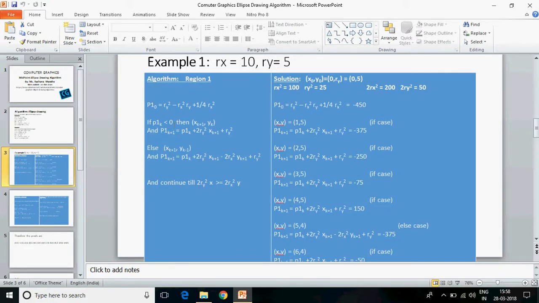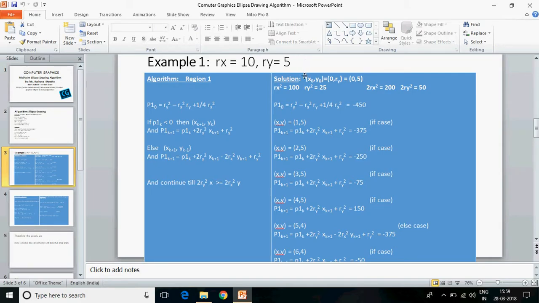I have written the algorithm on the left-hand side and we have solved the problem on the right-hand side, so it becomes easy for you to compare the algorithm parallelly as we solve the ellipse drawing algorithm. In the example here, Rx is 10 and Ry is 5.